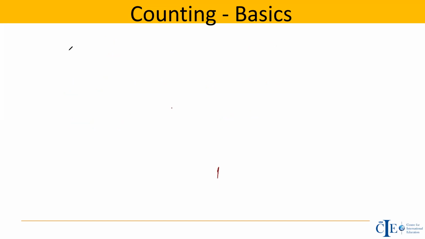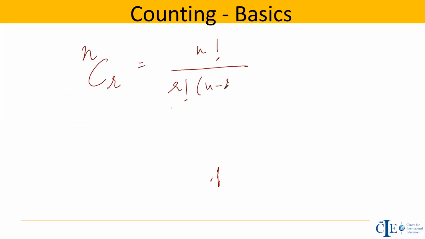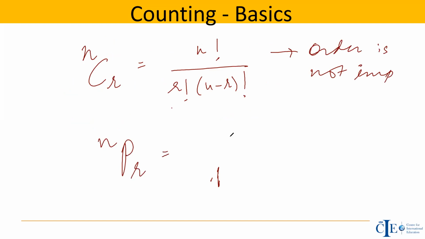And then the knowledge of NCR, which is n factorial over r factorial times n minus r factorial. Whenever you use this, the order is not important, right? And then the NPR, which is n factorial over n minus r factorial. Here, order is important.